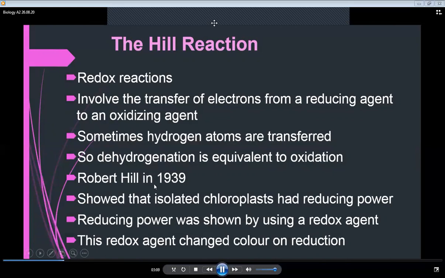Basically, Robert Hill in 1939 showed that chloroplasts which have been isolated from the leaf cells have reducing power. Reducing power was shown by using a redox agent, and when this redox agent was used, it changed color on reduction.